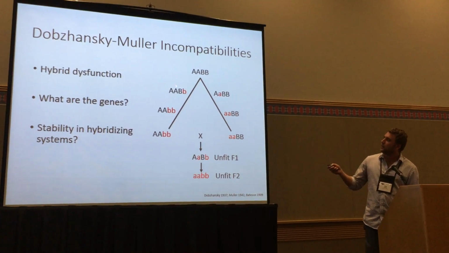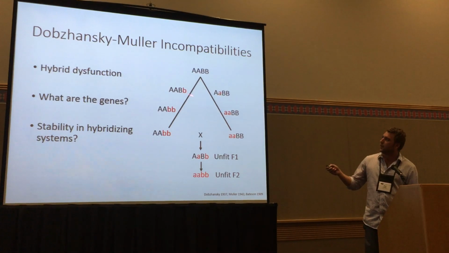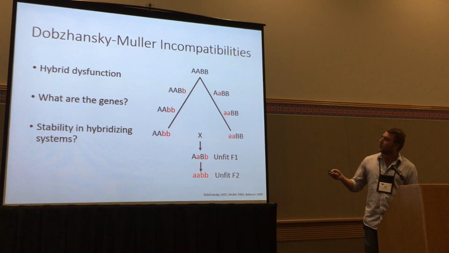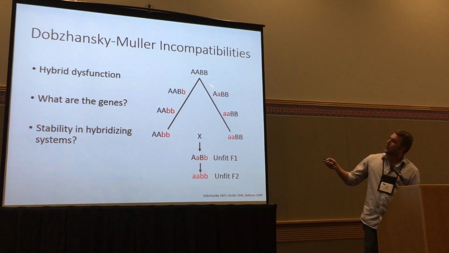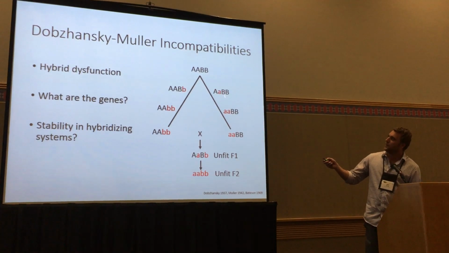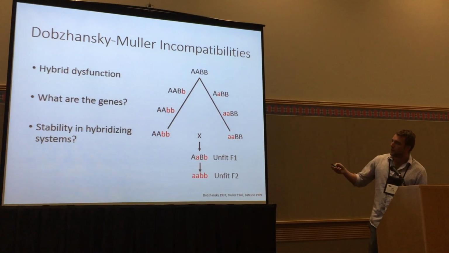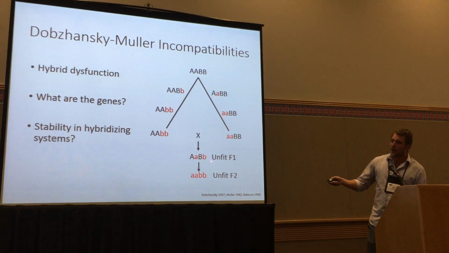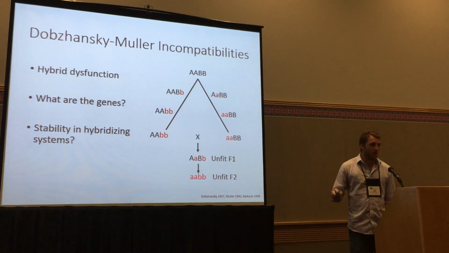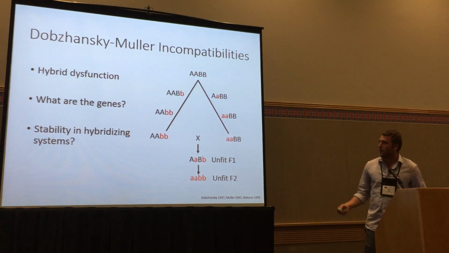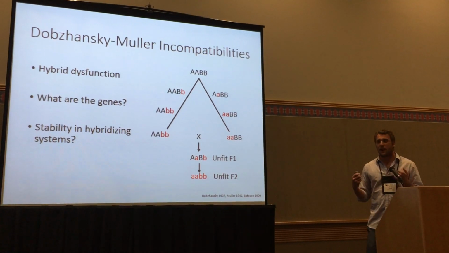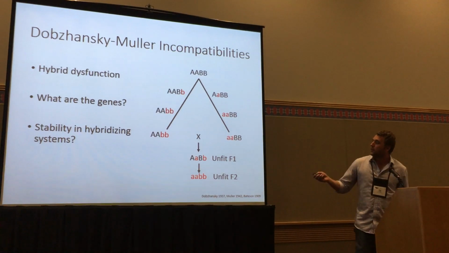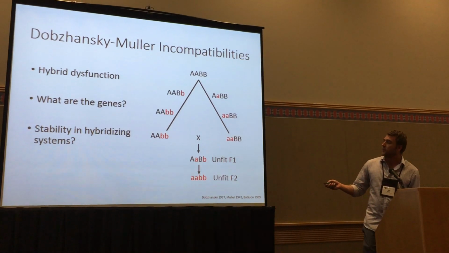A little b allele could evolve on one divergent lineage in the big A background, and maybe a little a allele evolving on a big B background over here. When these two species come together and hybridize, little a and little b, which have no co-evolutionary history with one another, now are interacting, and that interaction might be all screwed up. And so you wind up with unfit F1s and F2s.